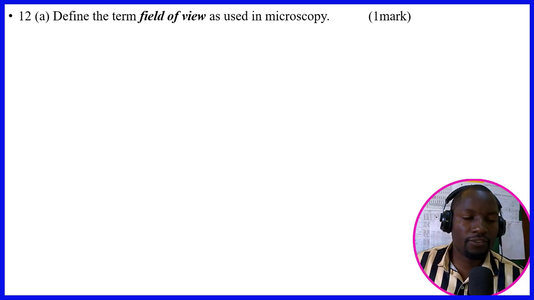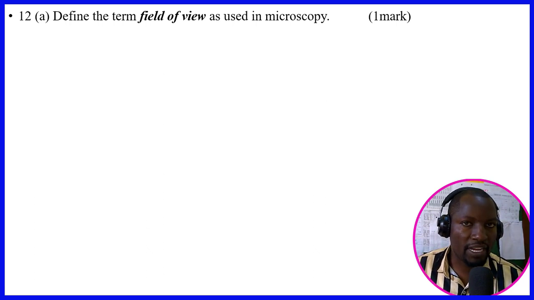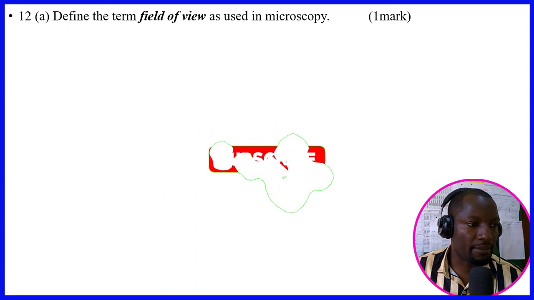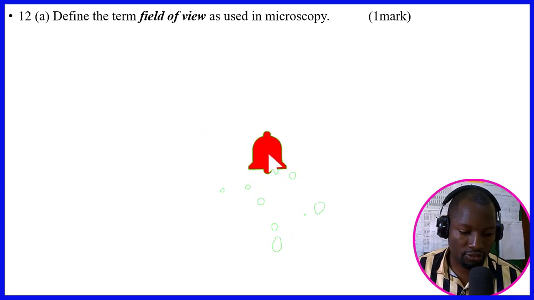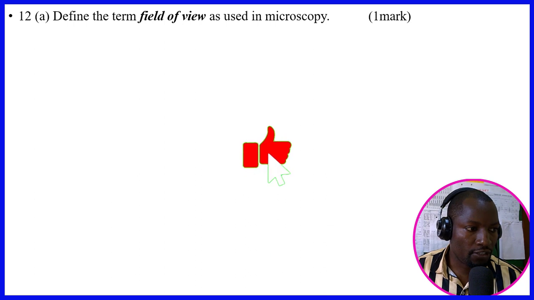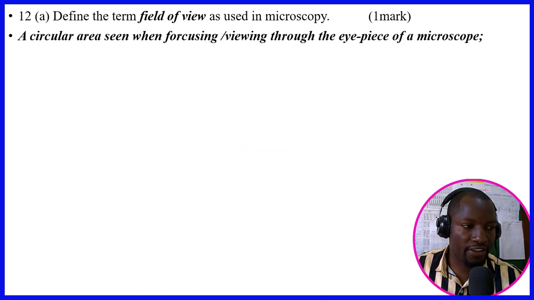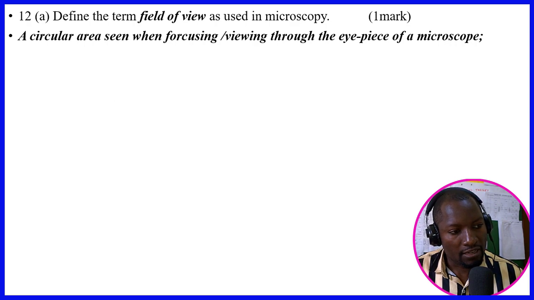Define the term field of view as used in microscopy. Field of view is a circular area that is seen when viewing through the eyepiece of a microscope. Now, with me, this is a light microscope.